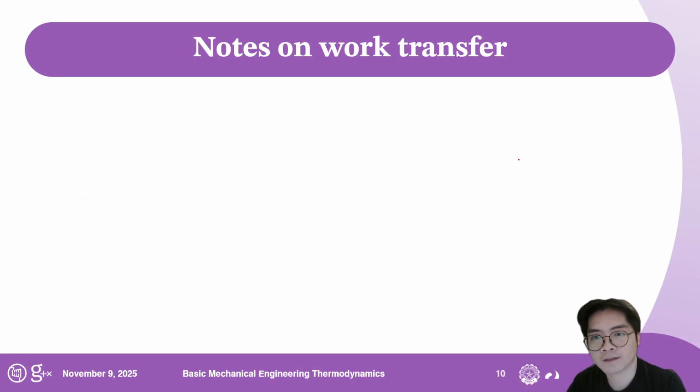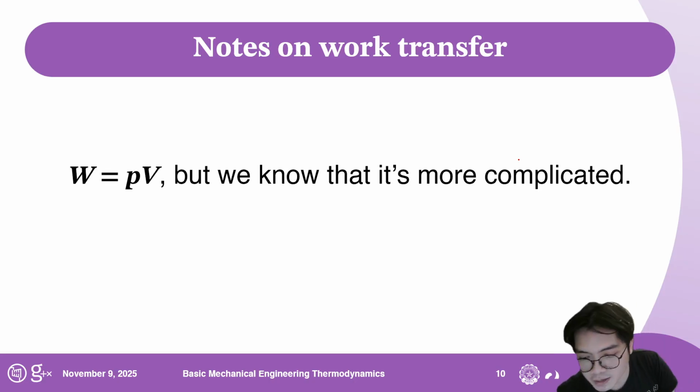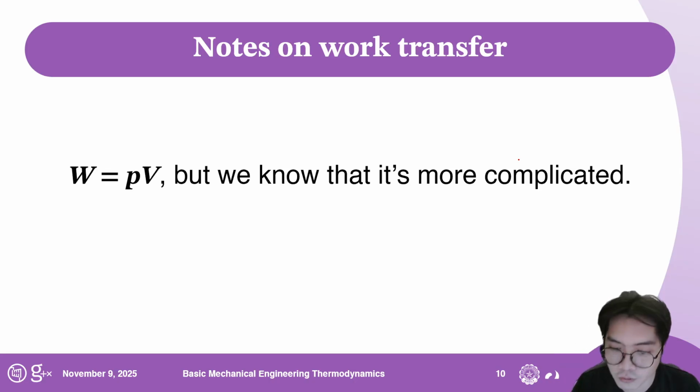And so, we go back to the original definition for work. Last time we said it was force times displacement. We were able to manipulate that equation because you're working with a fluid, and now you're able to turn it into pressure times volume. But we know it's more complicated. We know that for us to understand how much work has been done, you need to know the path.